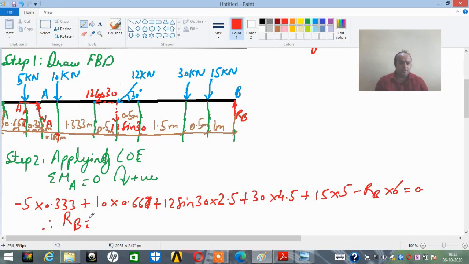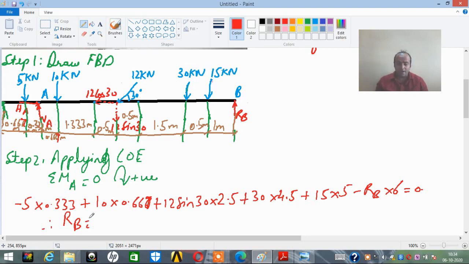It's coming out to be minus 5 into 0.333 plus 10 into 0.667 plus 12 sine of 30 into 2.5 plus 30 into 4.5 plus 15 into 5 is equal to whatever the value comes.